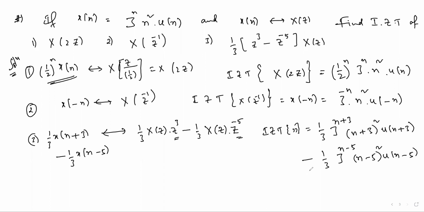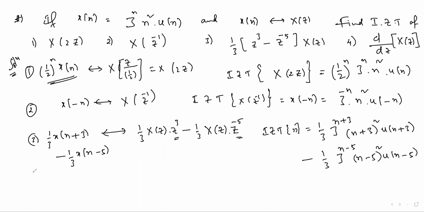Now, the fourth one is important. The fourth one is a little bit better than these three. Right here, what is the inverse Z transform of d by dz of X of z?